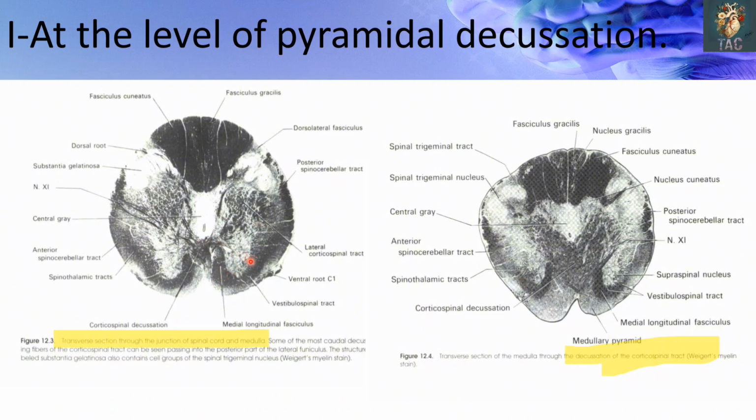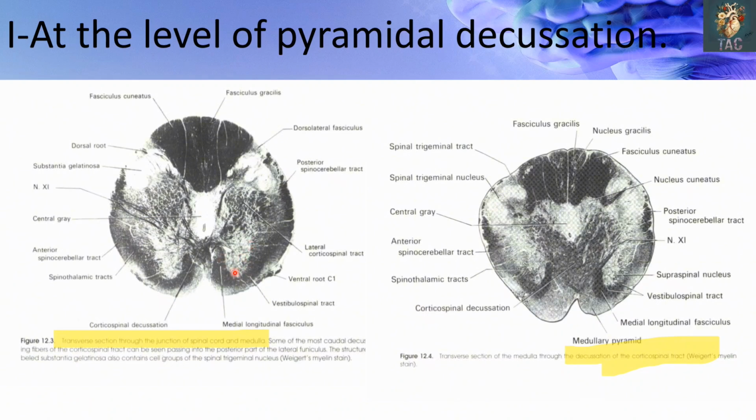Next you can see the medial longitudinal fasciculus, which is pushed a little bit laterally because of the decussating fibers of the pyramidal tract. Then you can see the anterior horn of the spinal cord.